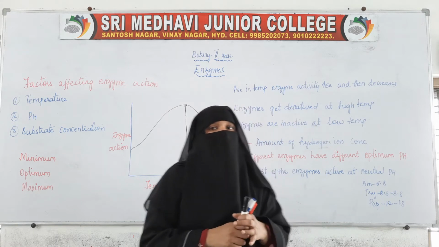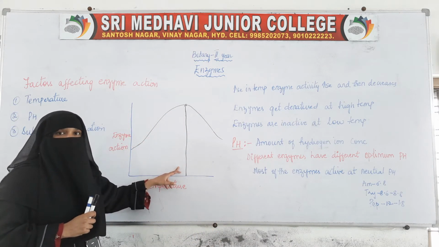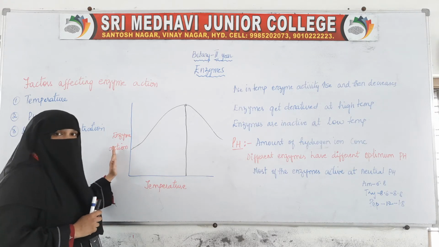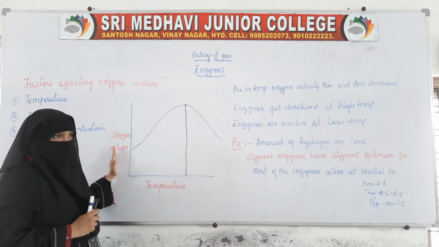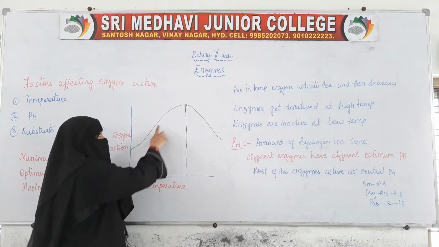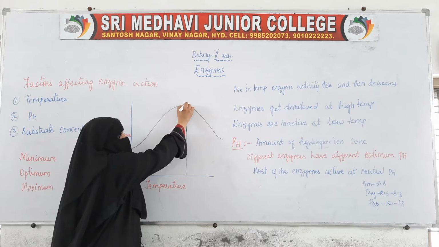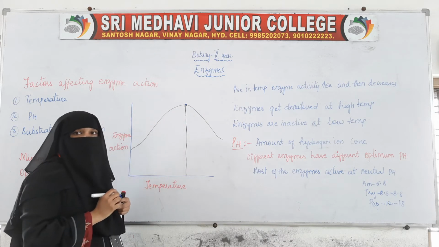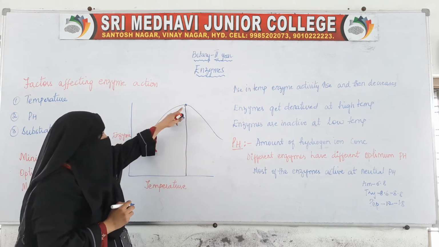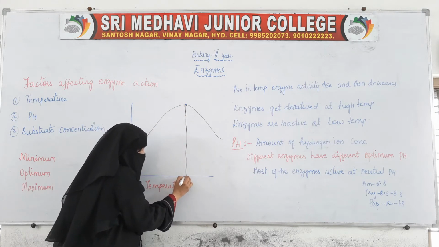Now if we plot a graph with temperature on one side and enzyme action on the other side, at some point we get a peak. At this point the enzymatic action is the maximum.